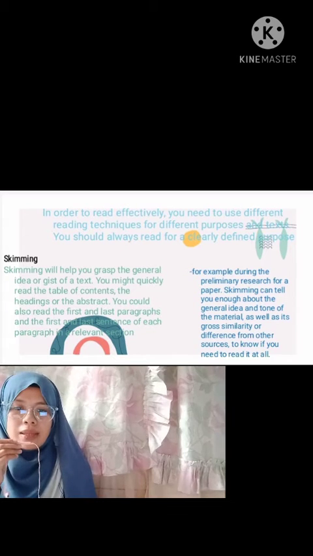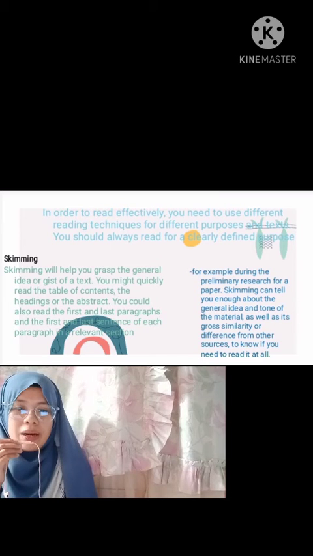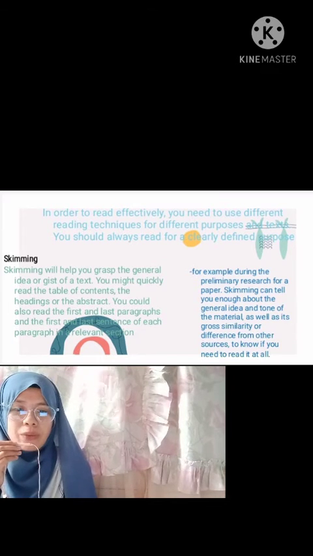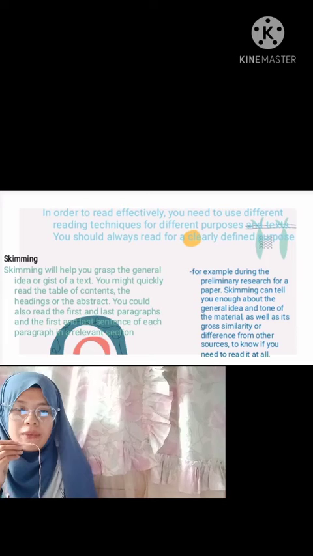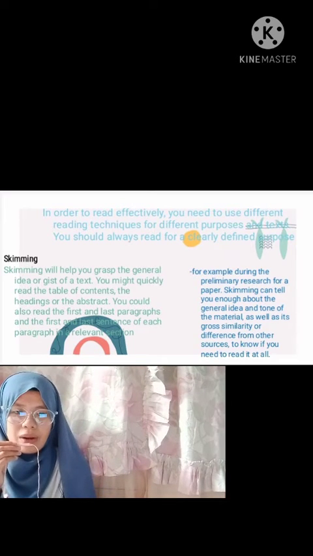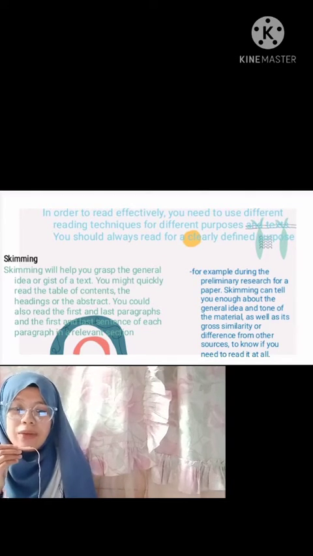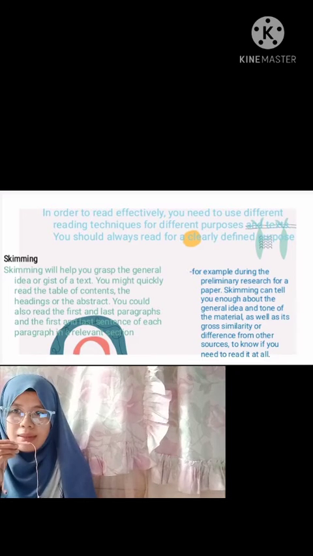Now first, skimming. Skimming will help you grasp the general idea or gist of a text. You might quickly read the table of contents, the headings, or the abstract. You could also read the first and last paragraph and the first and last sentence of each paragraph in a relevant section.